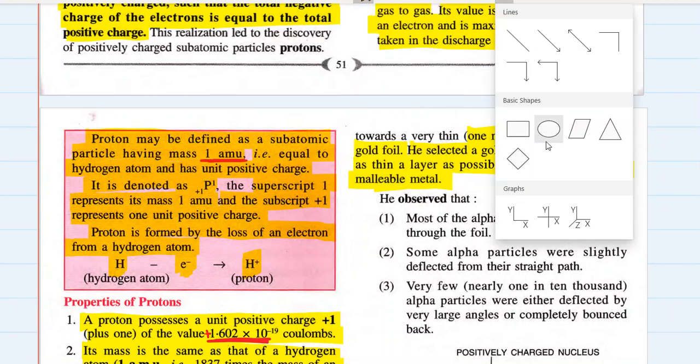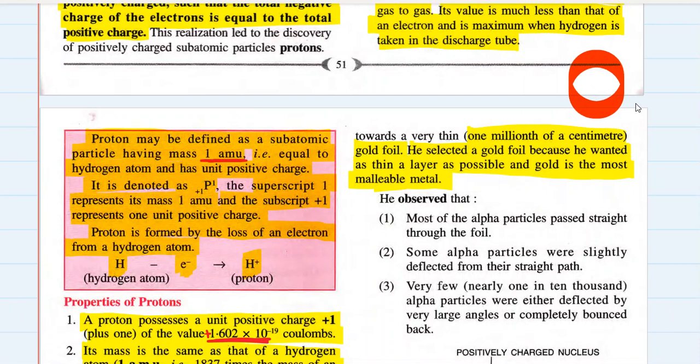If the atom is this round shape with positive charge, and there are these negative charges, electrons, scattered inside the atom.